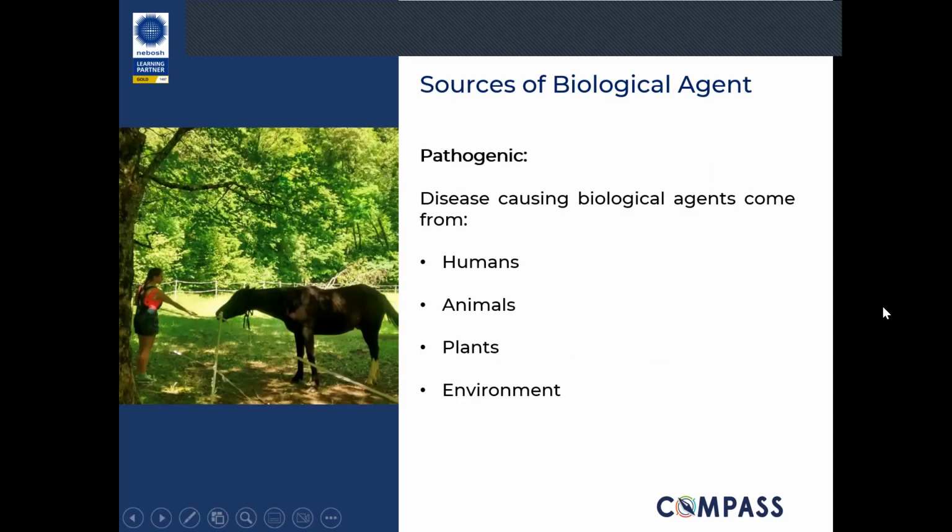So let's look at some examples of pathogenic causes linked to biological agents and where they come from, and then how it can infect and affect human beings. So it could be a pathogen that's transferring from one human to another. It could be interaction, again, with humans and animals, or even animal to animal or bird to bird. Then you've got pathogens around plants.